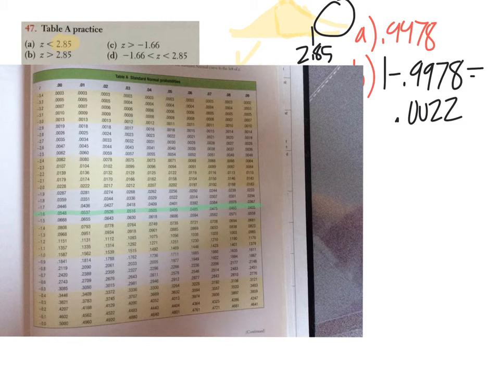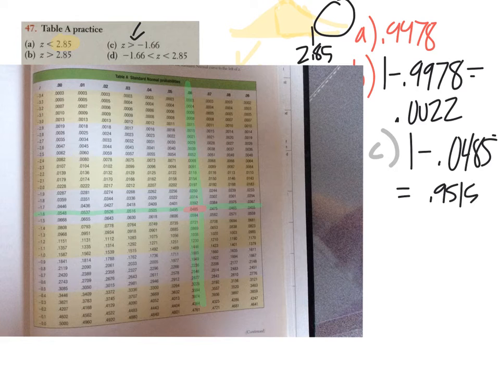Since it was 0.06, I'm going to go down this column, and the number in the crosshairs is the percentage to the left. If I want the percentage to the right, I'm going to have to do 1 minus 0.0485, because remember, the table always gives you the area to the left. The reason I know I want the area to the right is because that was a greater than sign in part C. So when I subtract those, I get 0.9515.